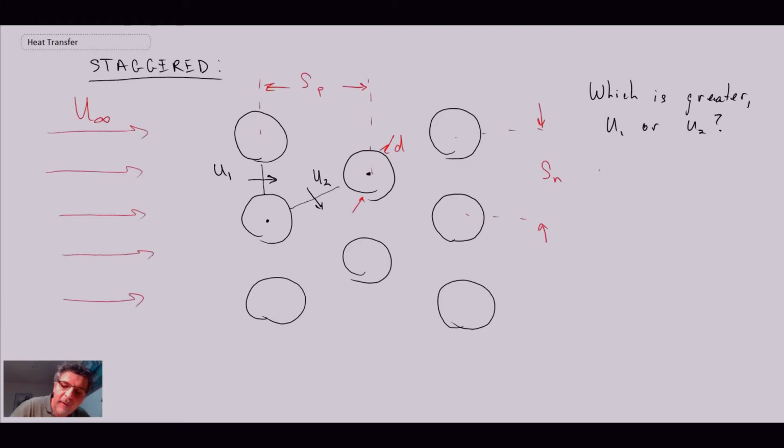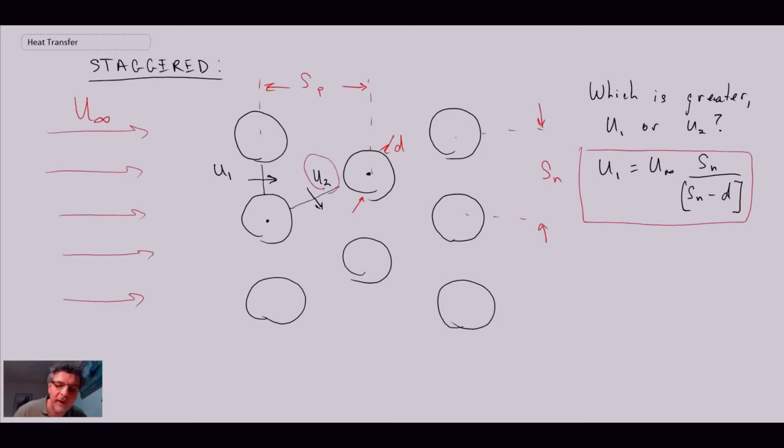And we know from the analysis with the inline arrangement, we've been able to determine what U1 is. So that was the expression for U1. So that one we can put off to the side. And now we want to work on U2 and determine what it is. So let's take a look at determining U2.